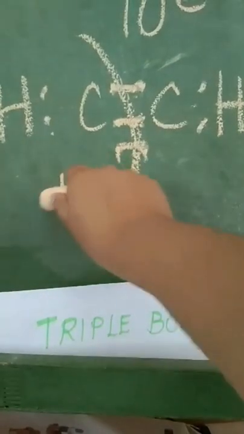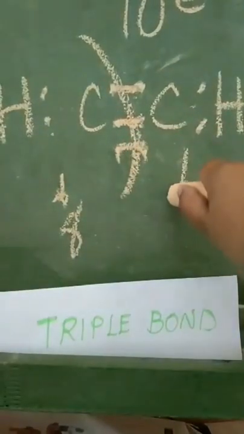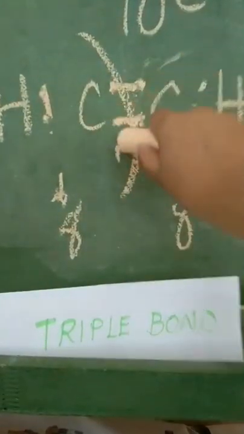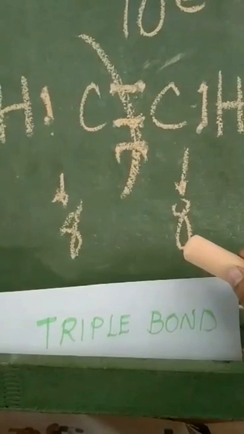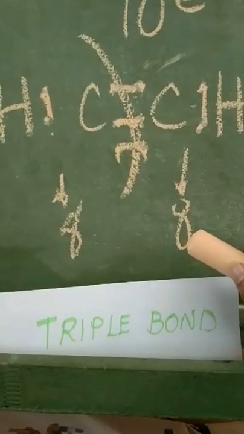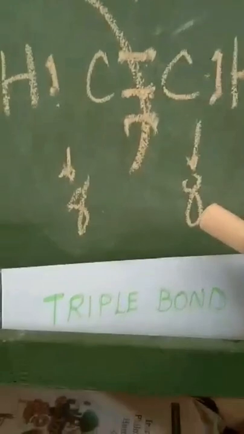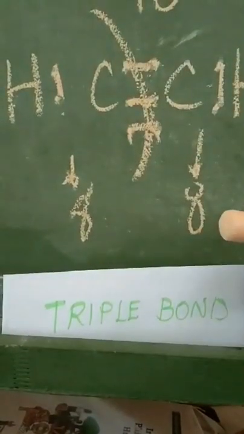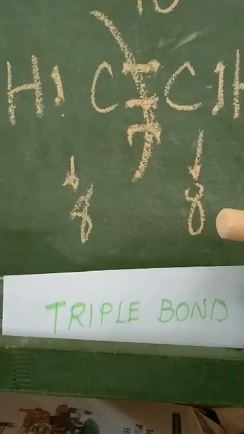Counting all, 2, 4, 6, 8, 10 electrons. That is a hydrocarbon, the simplest alkyne. It's an odorless, colorless gas, and lower carbons are generally gaseous in nature and used as fuel and chemical building blocks. That's all for showing the triple bond in acetylene, or the chemical formula C2H2.